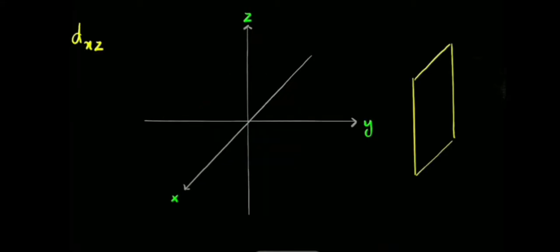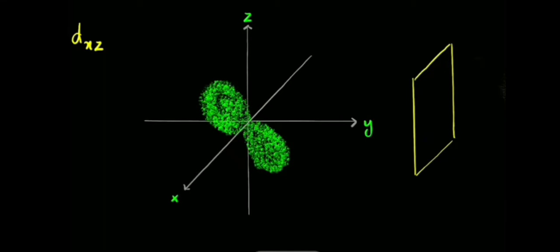The next one being the dxz orbital. This is the plane. Now let me show you the lobes. The 2 lobes face the viewer and the other 2 lobes are away from the viewer. To say simply, it is like writing an alphabet X along xz plane. If you can imagine an alphabet X, and just imagine that you are writing the alphabet X along the xz plane, that is what represents the dxz orbital.